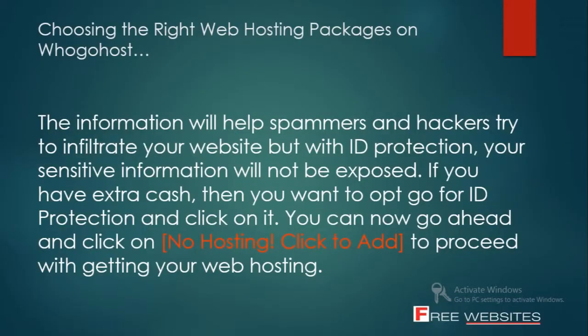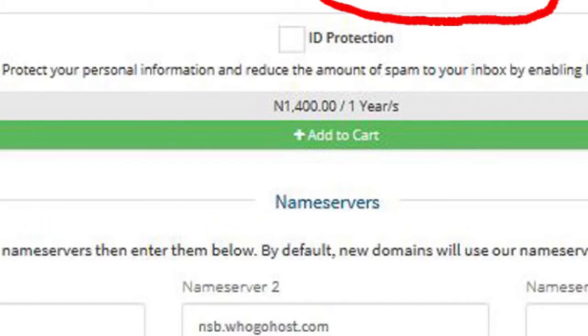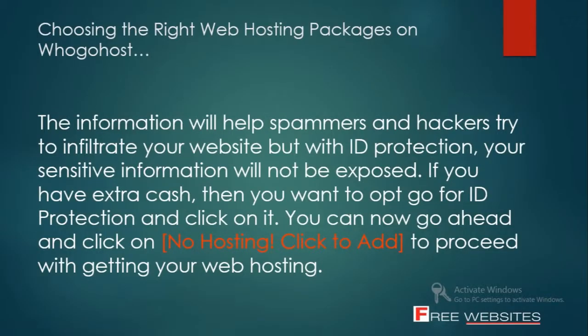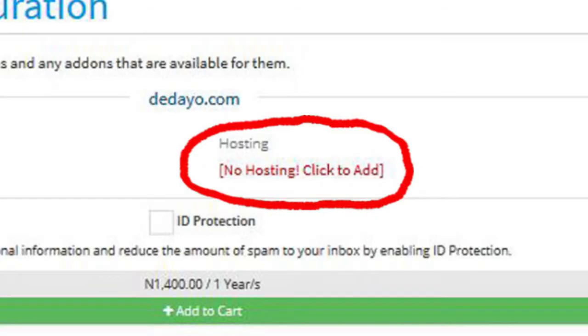The information will help spammers and hackers to try to infiltrate your website, but with ID protection, your sensitive information will not be exposed. If you have extra cash, then I suggest that you click on Add ID Protection. You can now go ahead and click on No Hosting, click to Add to proceed with getting your web hosting.